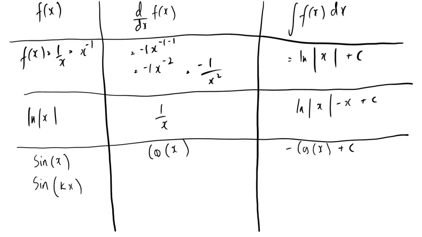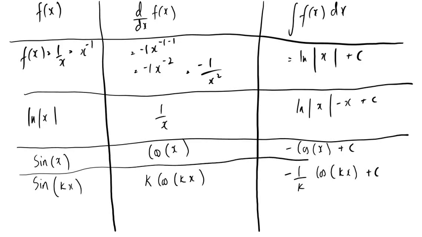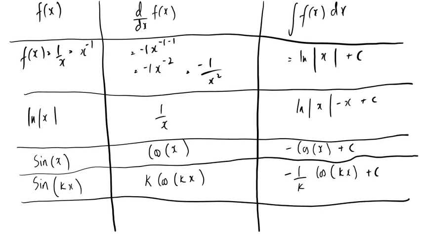The differentiation would be k times cos kx, while integration would be minus 1 over k cos kx plus c. Let me draw a line here separating that out.